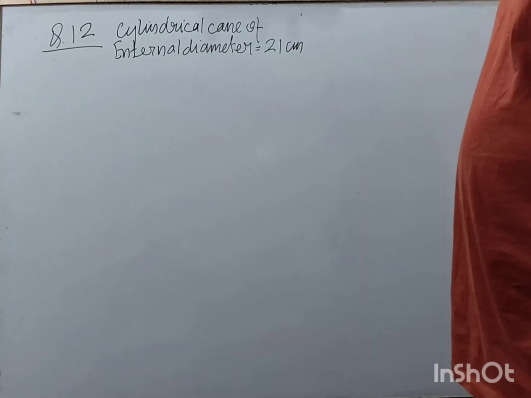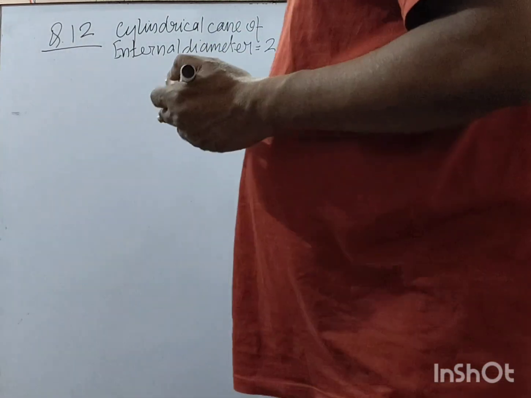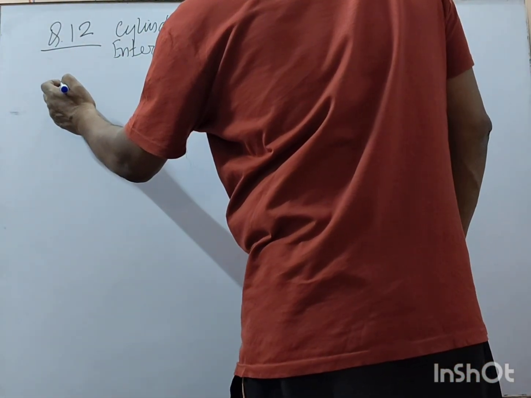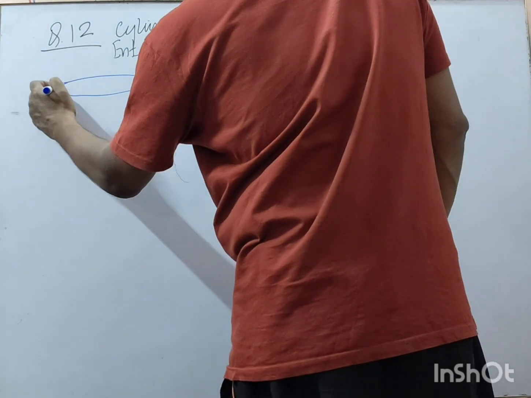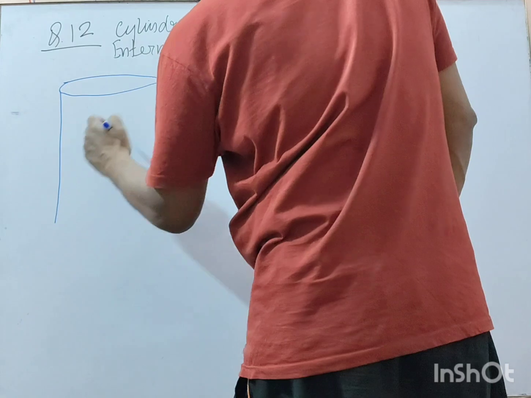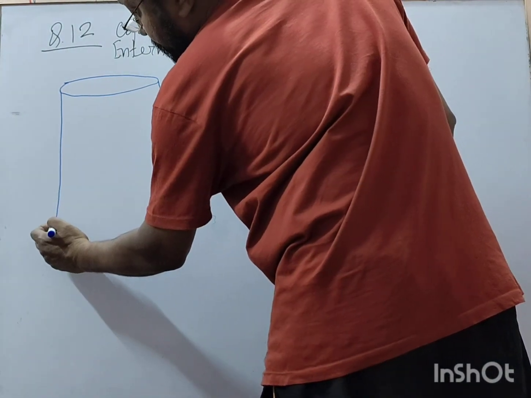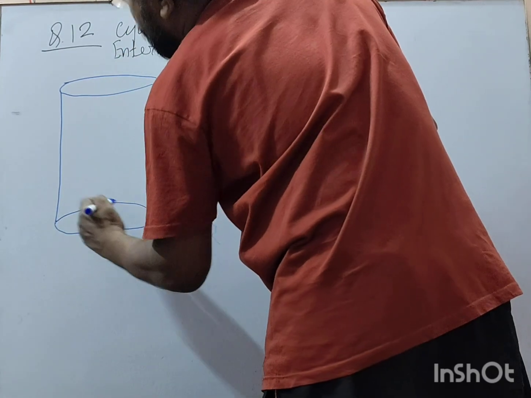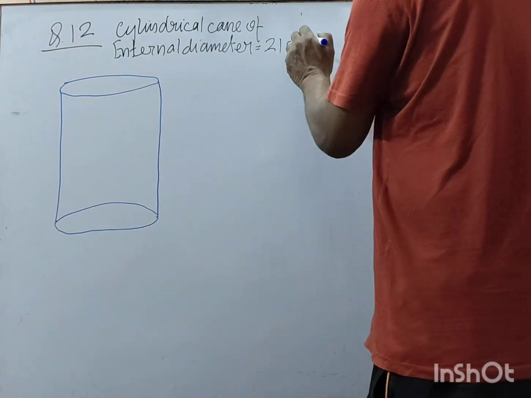A solid sphere whose diameter is 10.5. So there is a cylindrical can like this, filled with water.